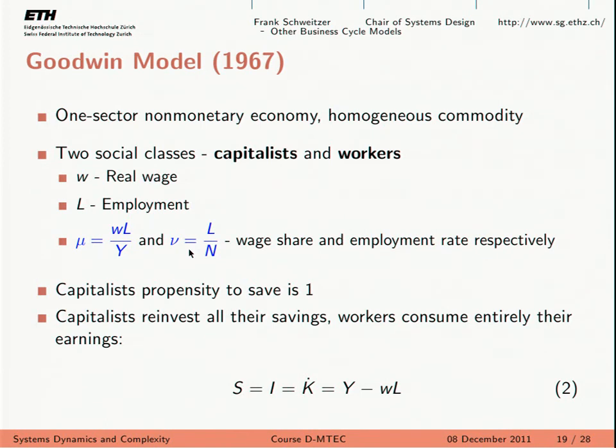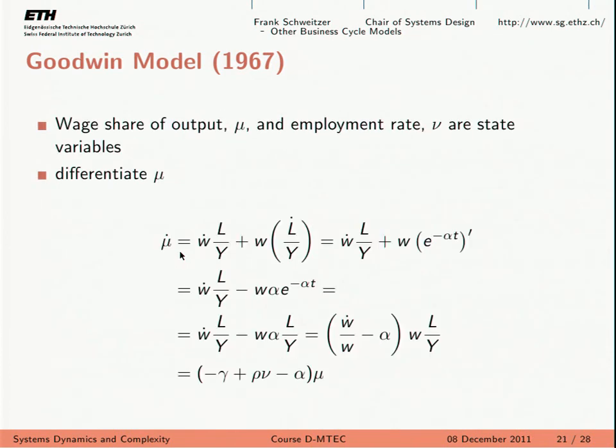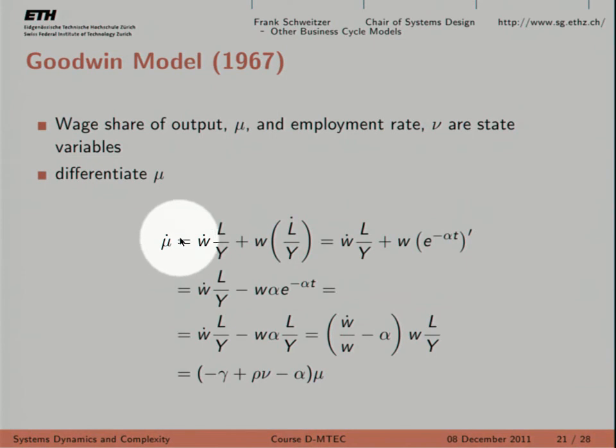So what we want to do now is to have two equations, two dynamical equations, coupled differential equations, relating mu and v. This is what we want. Now, I'll show you how to get a dynamical equation, a differential equation, relating mu dot, so the rate of change of mu, and v, the employment rate.